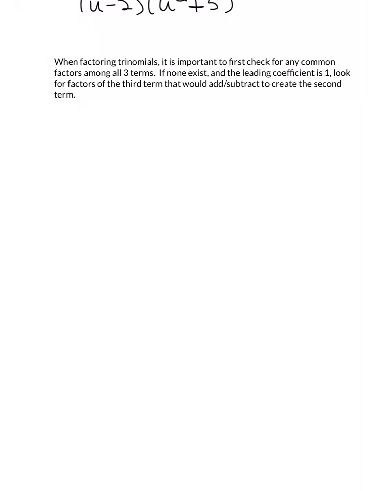If you don't, and the leading coefficient, that means the number in front of the squared term, is 1, we're going to look for factors of the third term that would either add or subtract to create the second term. Your directions will tell you to factor completely. When the directions say that, that means that if there are common terms, you have to have factored that out before you completed your answer.